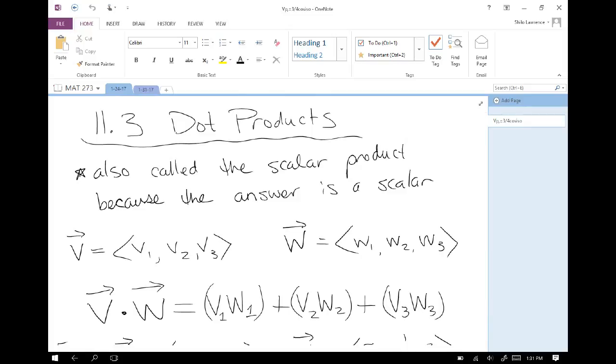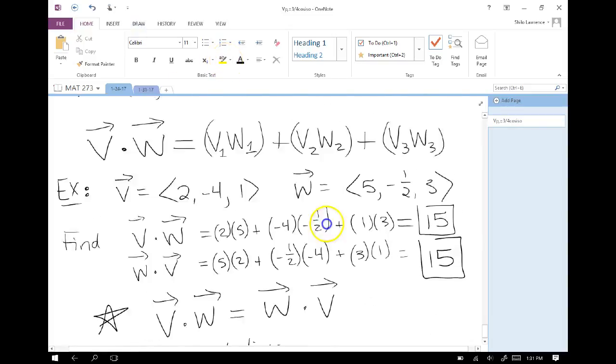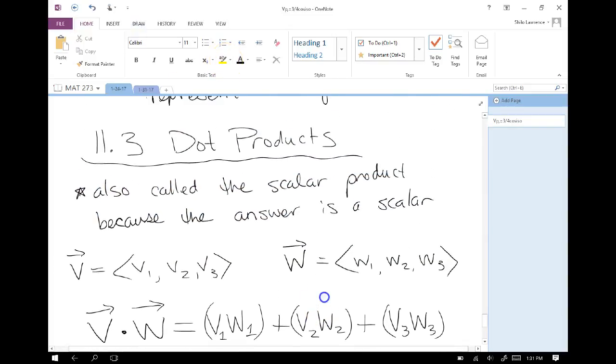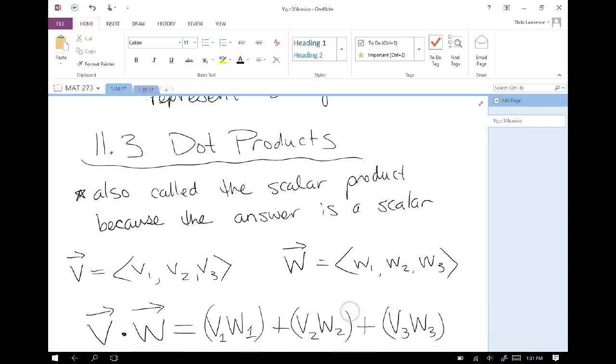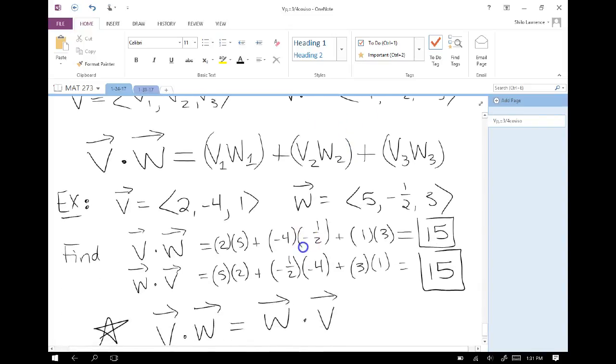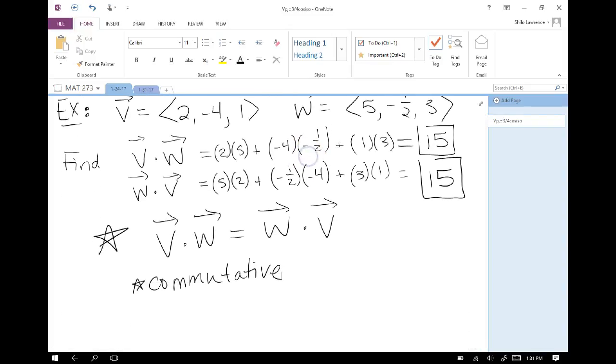So in 11.3, we're going to talk about one of the ways to multiply vectors together, and that's with the dot product. This is also called the scalar product, we said, because the answer is a scalar. And we just started going through the formula.